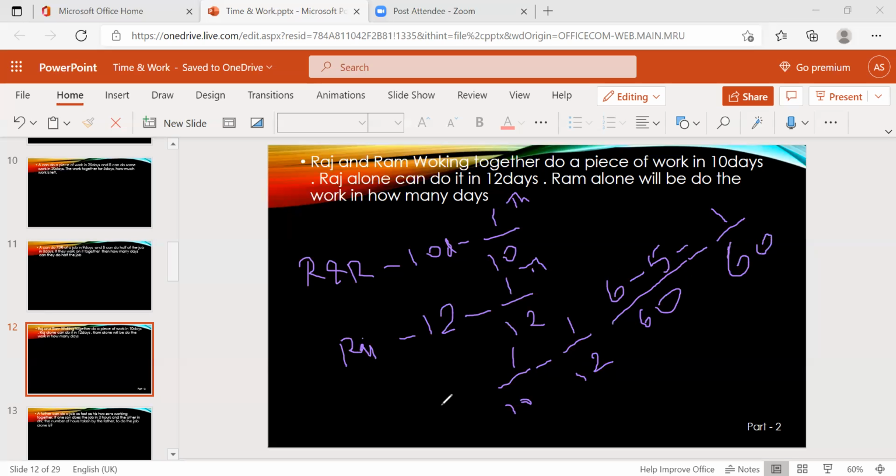What is this 1 by 60? Ram's efficiency. So we know that 1 by n, so if you know the 1 by n, then to convert to days, just inverse. The inverse of 1 by 60 is nothing but 60 days.